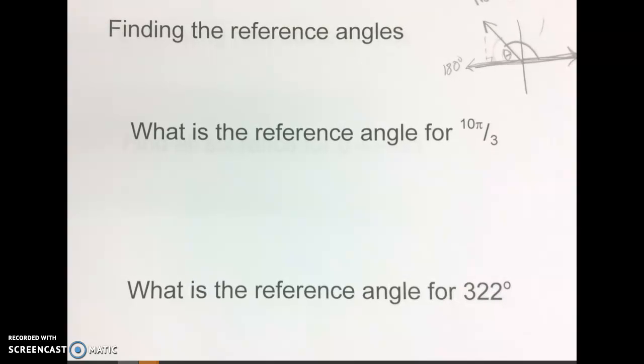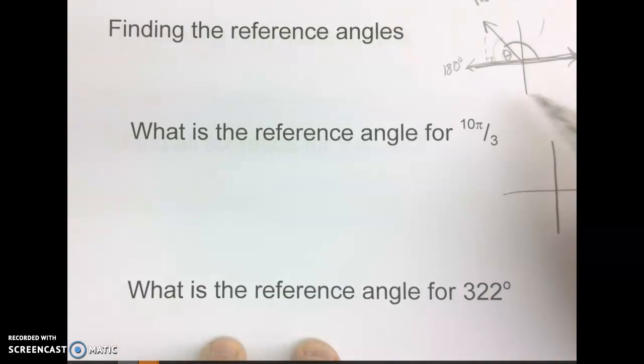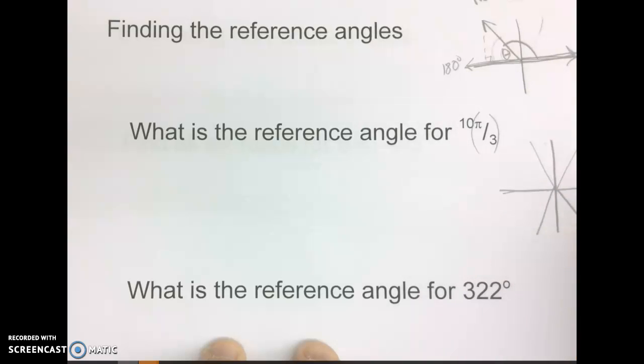So, for instance, the reference angle for 10 pi over 3. Let's just look at where 10 pi over 3 is. So we've got 1 pi over 3, 2 pi over 3, 3 pi over 3, 4 pi over 3, 5 pi over 3, and 6 pi over 3.